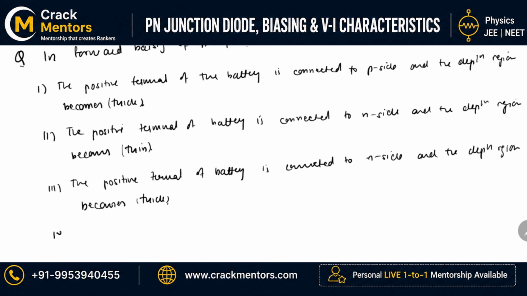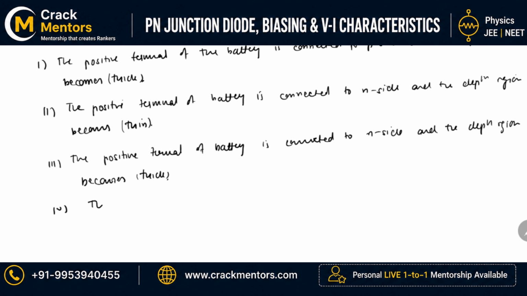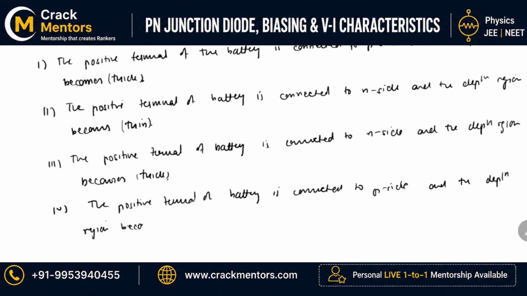Or option number 4, the positive terminal of the battery is connected to the P side, and the depletion region becomes thin. Now check which of these options is correct. Whichever option is the correct one, just mark it.